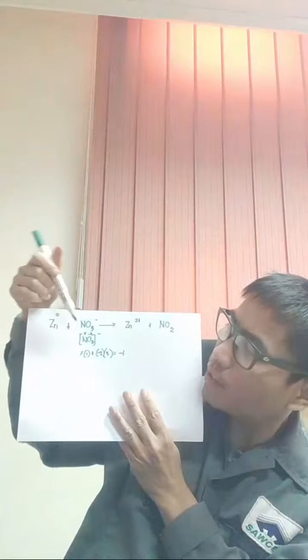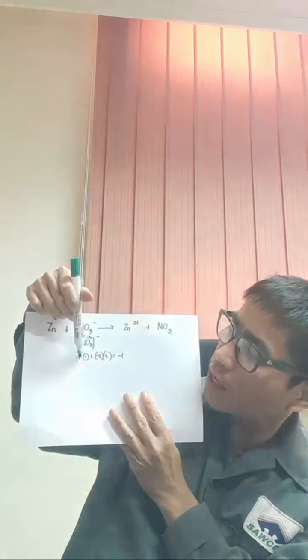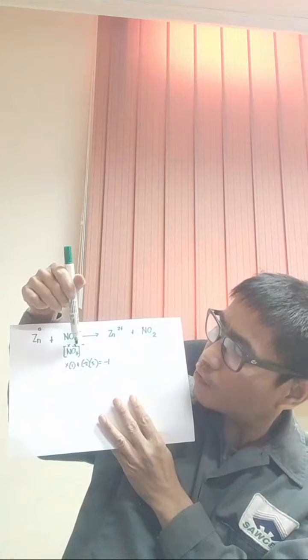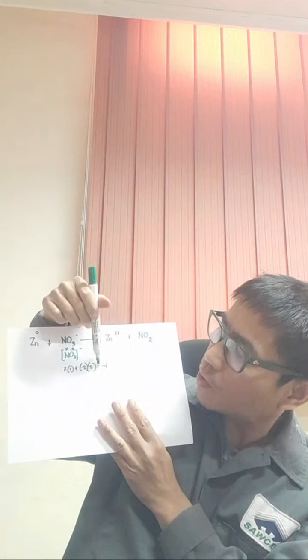X times 1 is X. -6 is equal to -1. X is equal to -1 transposed -6, so X is equal to 5.